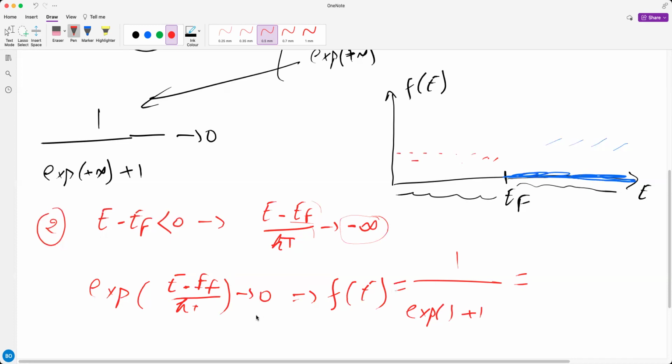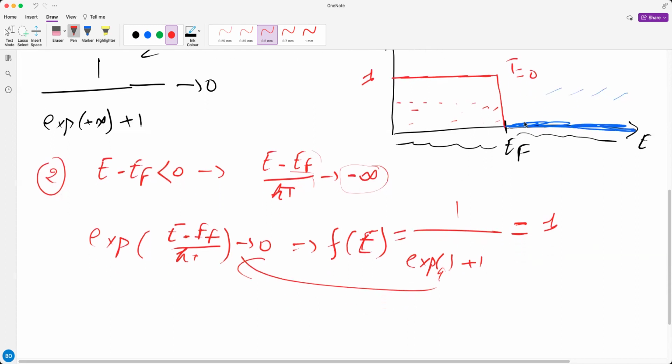Exponential of minus infinity is 0. So f(E), which is 1 over exponential of this quantity plus 1, will be equal to 1. So all the energy levels here will be fully occupied. So this is at T equals 0.